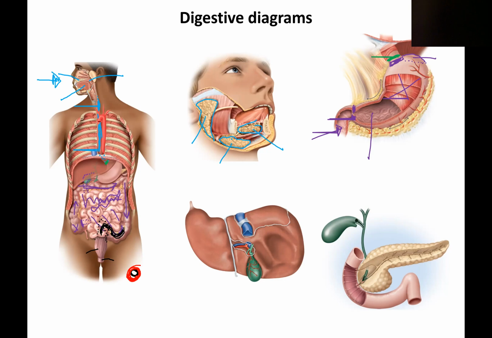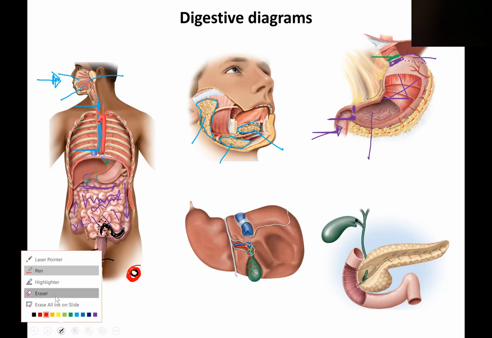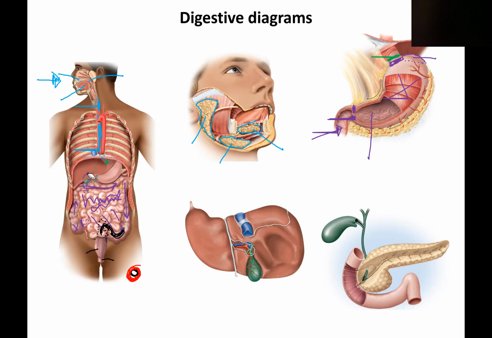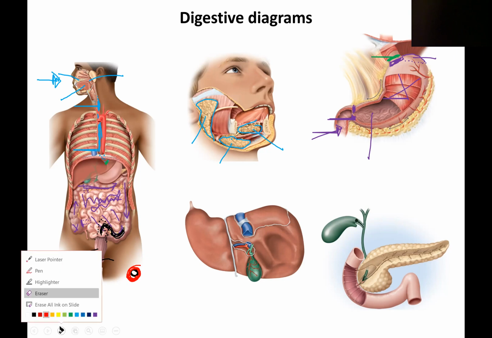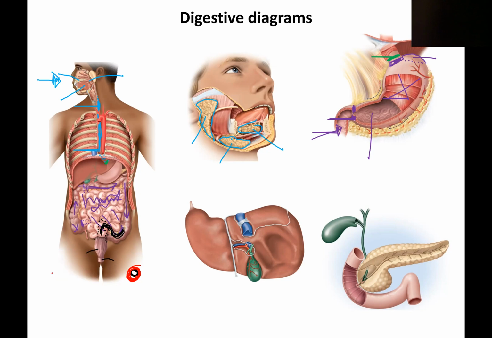All right. Then you have the lobes of the liver. And for some stupid reason, they didn't put the falciform ligament on the big picture.